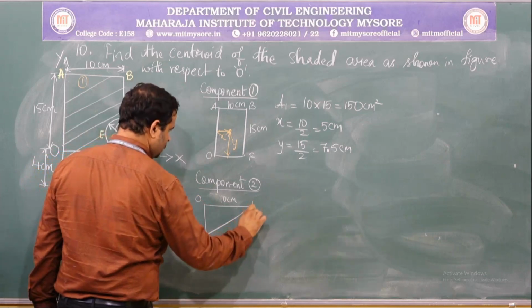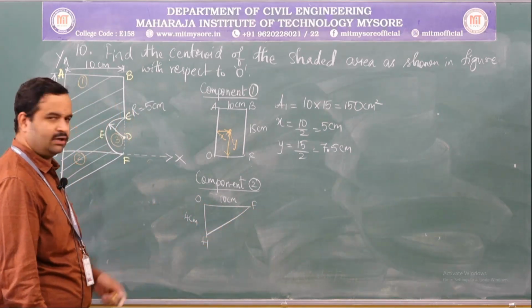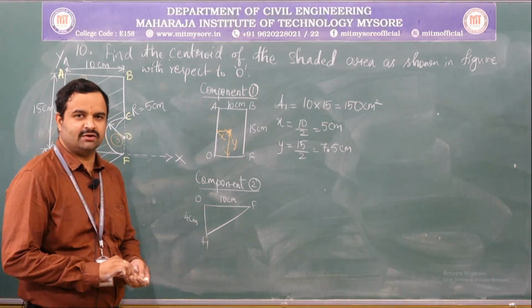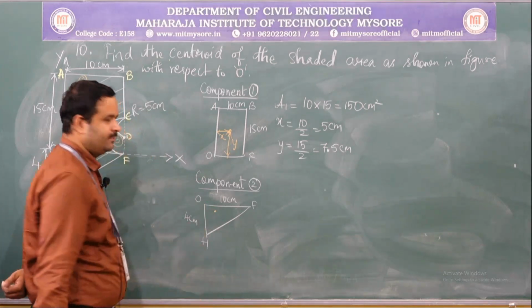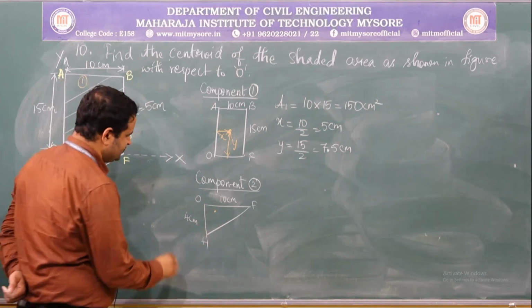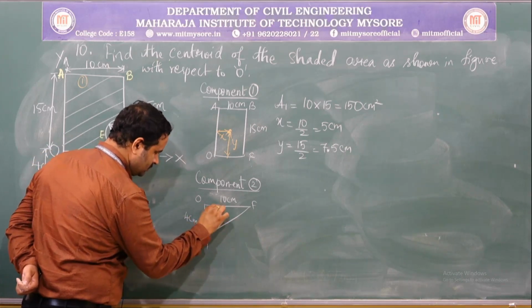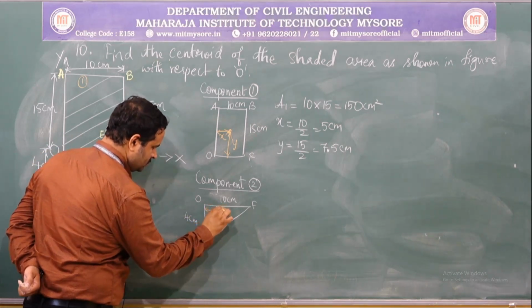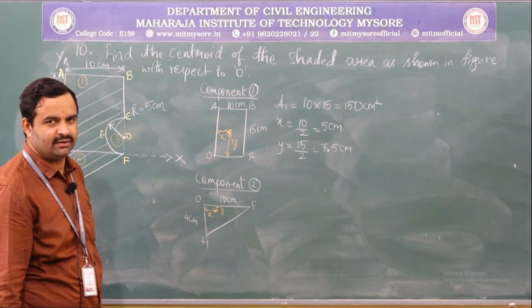O, F, H. So, for this triangle, we know where the centroid lies. It can be located at this point. So, its x and y components will be, this will be x and this will be y.